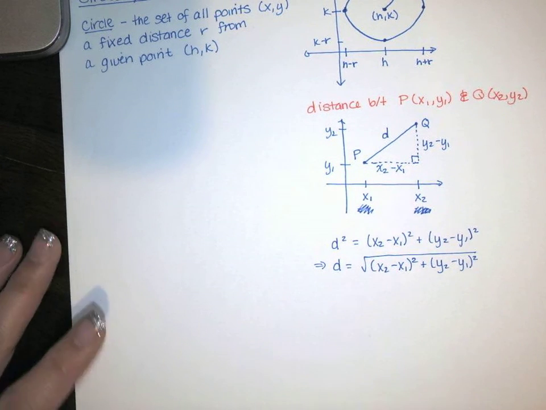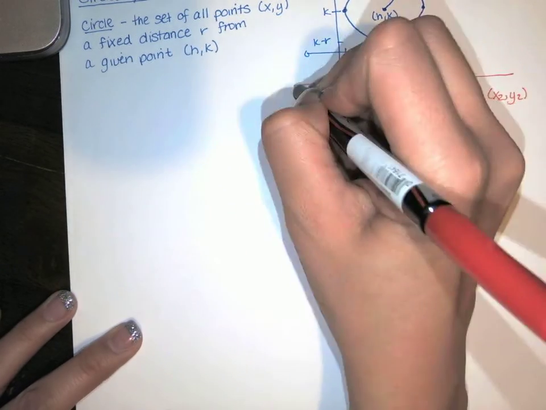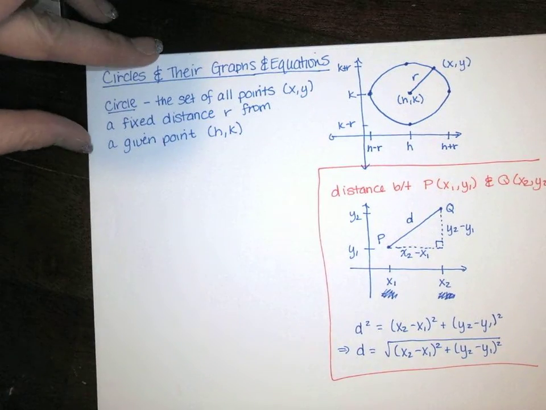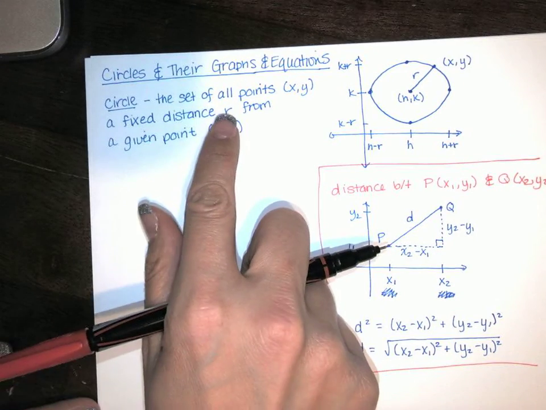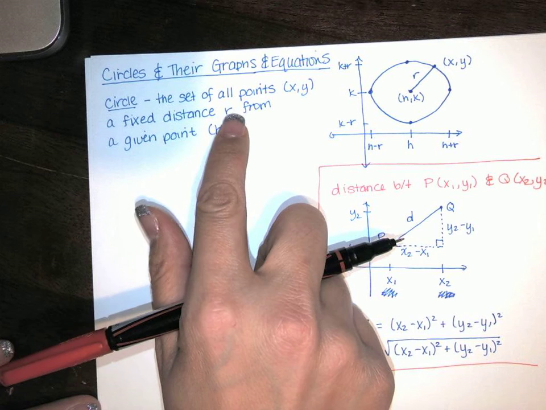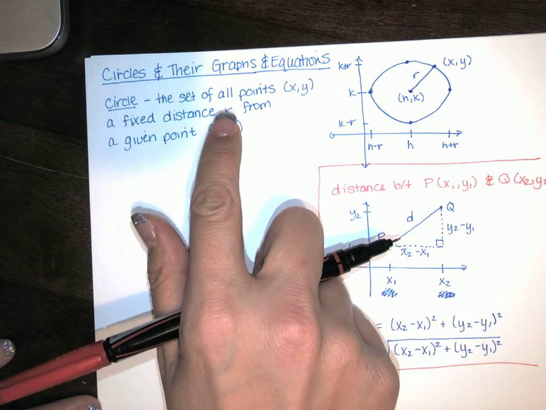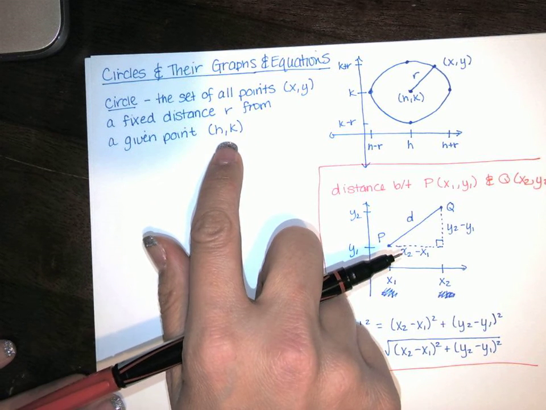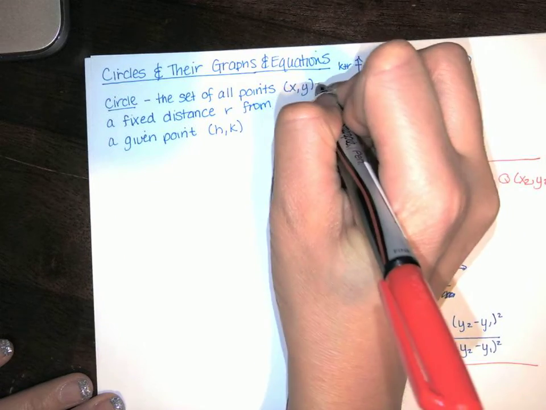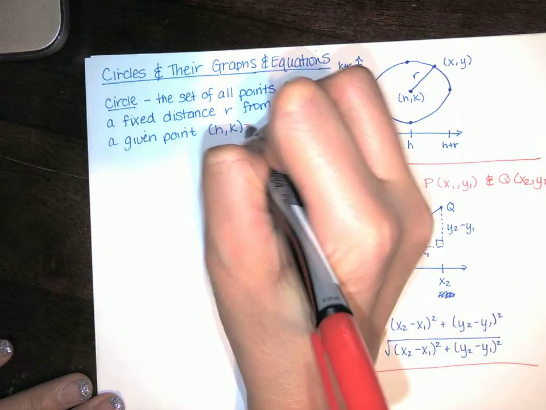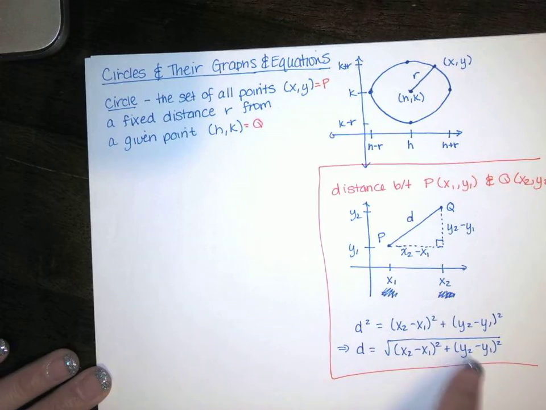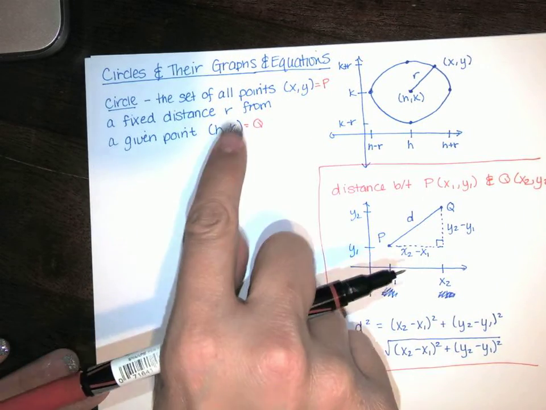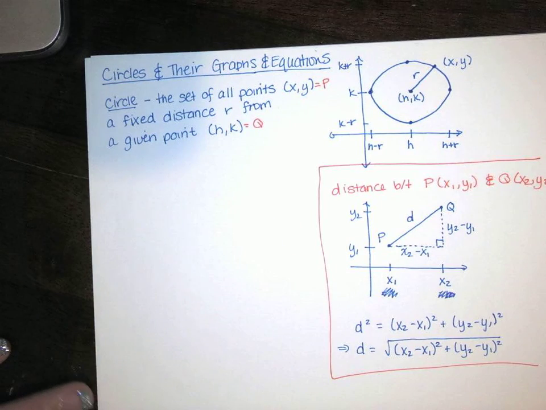Now with this distance formula, I can derive the equation for a circle over here. Because this circle is a set of all points that are the same distance, that distance is r, from a given point. So this could be my P, and this could be my Q, and I can use the distance formula to write an equation involving x, y, h, k, and r.